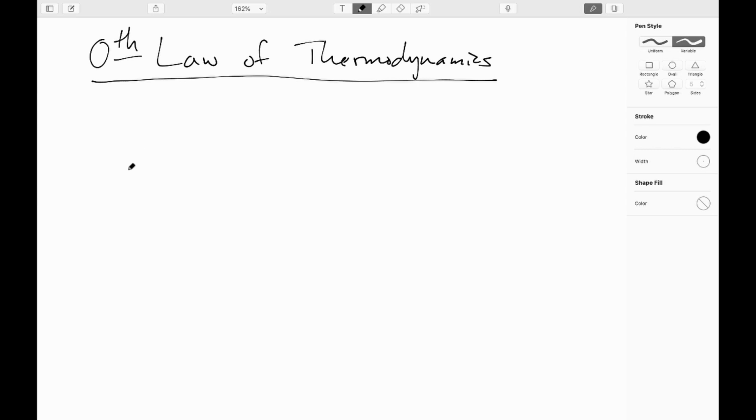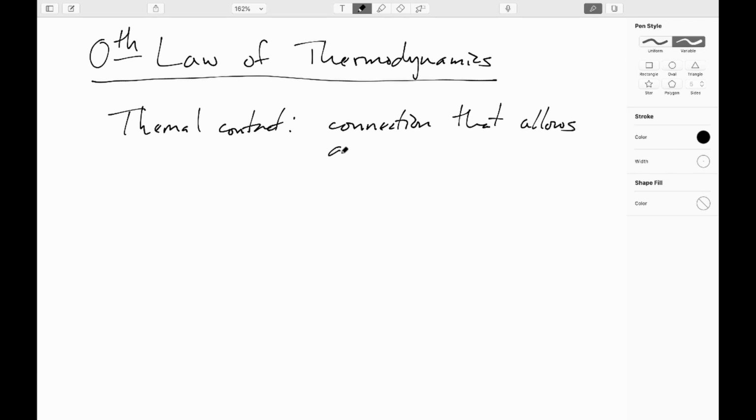So we'll start with a couple of definitions. One is thermal contact. Thermal contact is any sort of connection that allows a transfer of thermal or internal energy.